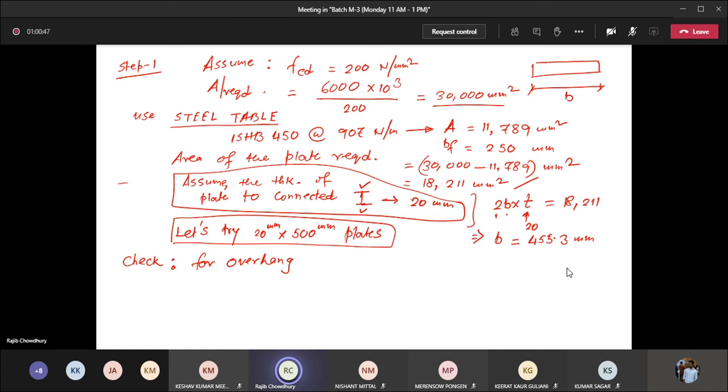Overhang means, let's say this is my I section, and now on the top I am providing a plate, like this. This is my overhang.